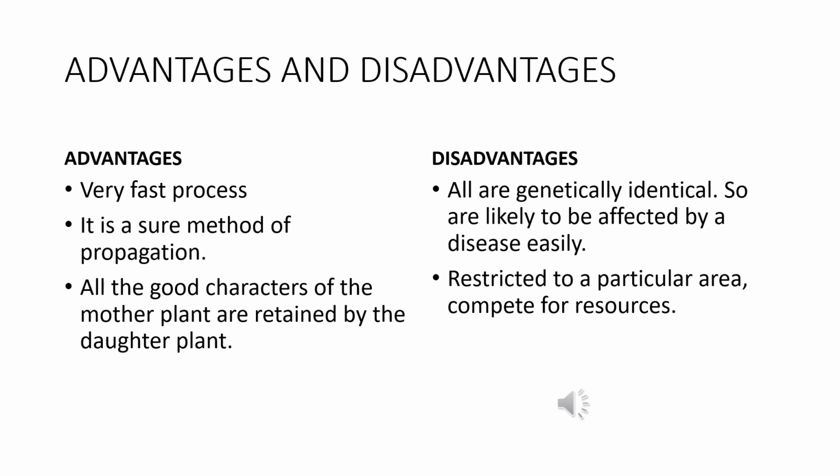So if the mother carrot plant does not have resistance against any kind of plant disease, all of its offspring will be affected by the same disease. It is also restricted to a particular area. It does not get spread over a large area. So a lot of plants are present only in a limited area and they are competing for resources like soil, nutrients, sunlight, water, etc. So these are the disadvantages.